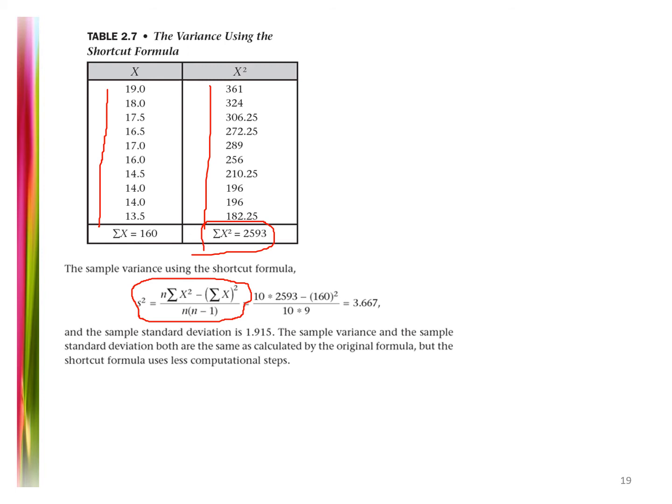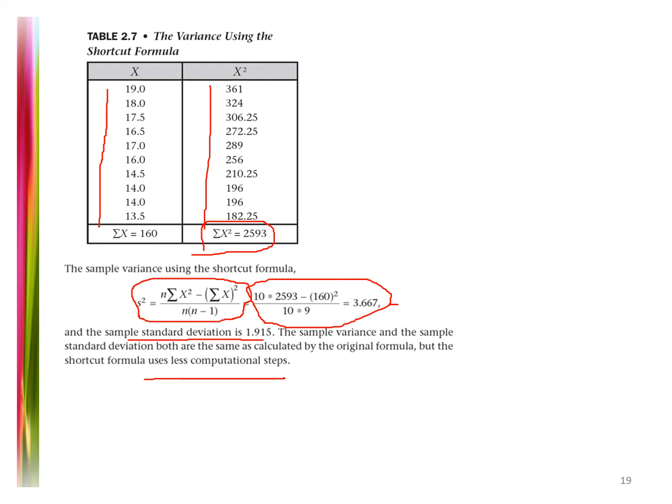Next apply the formula and plug in the numbers. Here we get the answer 3.667, which is exactly the same as our previous calculation. Then you can take the square root here, which should be equal to the sample standard deviation. So the sample variance and sample standard deviation are the same as calculated by the original formula, but the shortcut formula uses fewer computational steps.